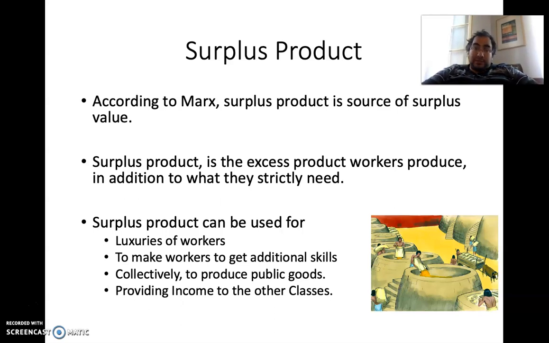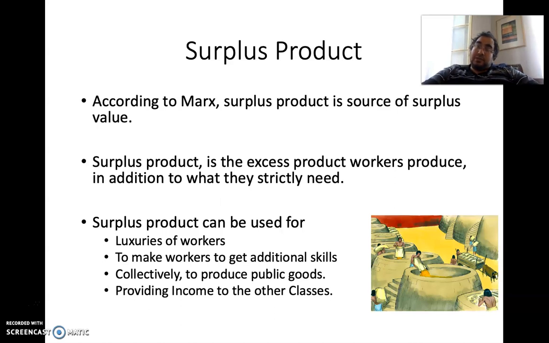What is surplus product? Well, I have seen that it's difficult to define surplus product, but I think it's actually not that difficult, and it's a simple thing to define. First, you need to define necessary product. Necessary product is the products a typical worker should get in order to be able to reproduce himself.